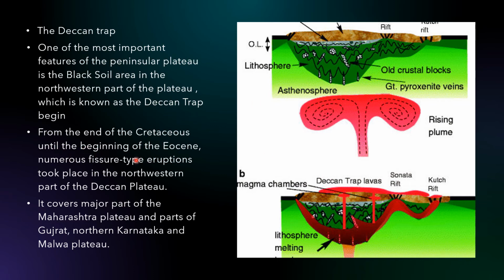Now, from the end of the Cretaceous until the beginning of the Eocene, numerous fissure-type eruptions took place in the northwestern part of the Deccan Plateau. It covers major parts of Maharashtra, parts of Gujarat, northern Karnataka, and Malwa Plateau. So the Deccan Plateau mostly is known as the Deccan Trap in the northwestern area.